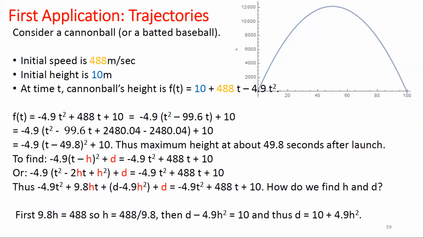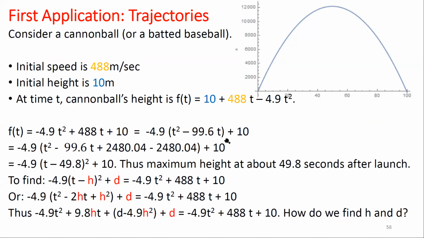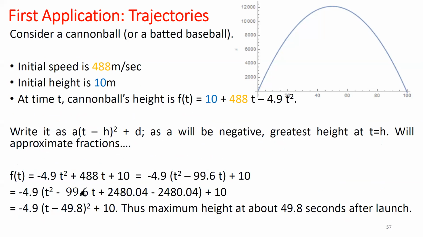So we're using our knowledge of quadratics to solve equations like this, to plot them. So now we can write the cannonball equation in a much better way. Like this: negative 4.9 times (t minus 49.8) squared plus 10.